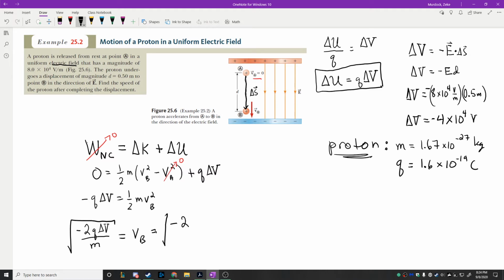So it's -2 times the charge times delta V. Delta V is negative. And then divided by the mass, which is right there.